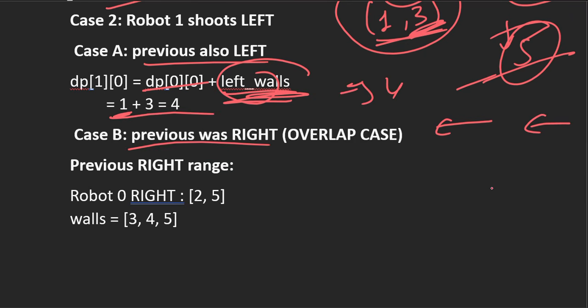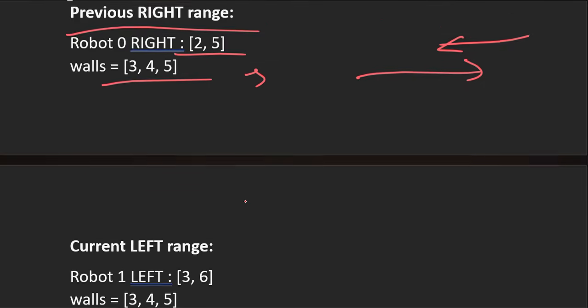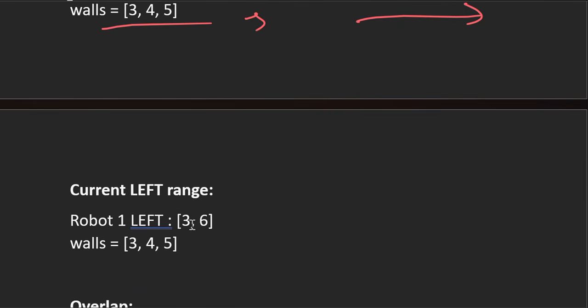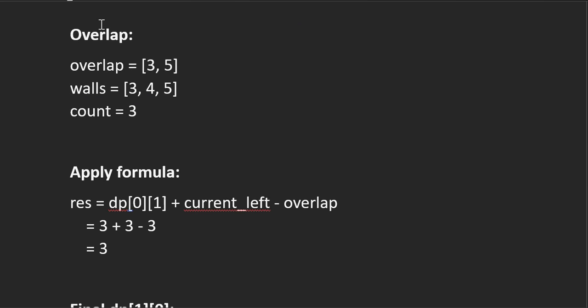And the other case is that the current shoots in the left direction and the previous shoots in the right direction, that is the overlapping case. So the previous right range is 2 to 5, and 3 volts are present in that range, right? And the current left range is 3 to 6 and the volts are 3, 4, 5. So the overlapping range is from 3 to 5. This is the overlapping range. And how many overlapping volts? 3 overlapping volts, right?